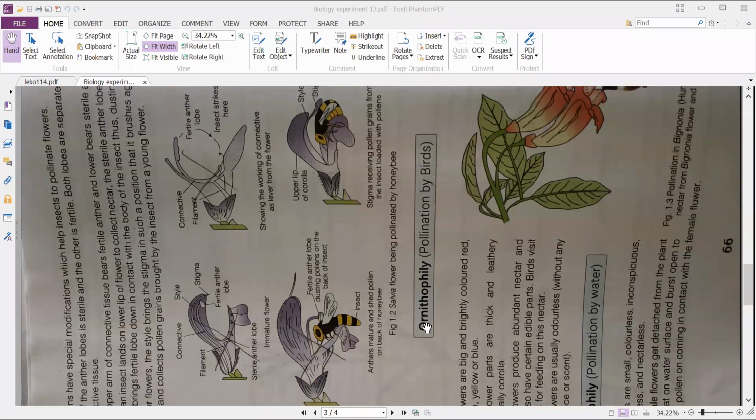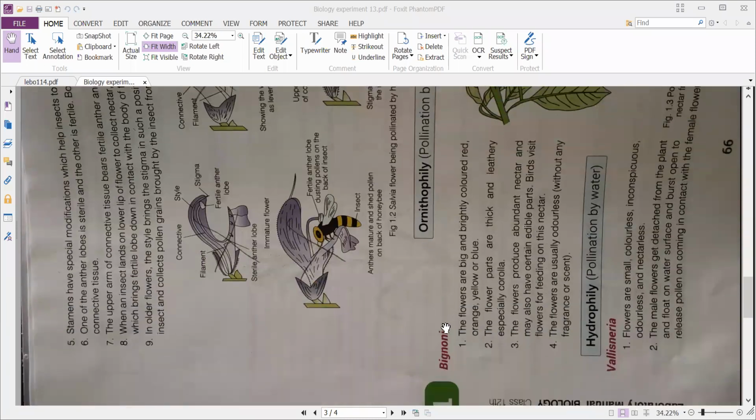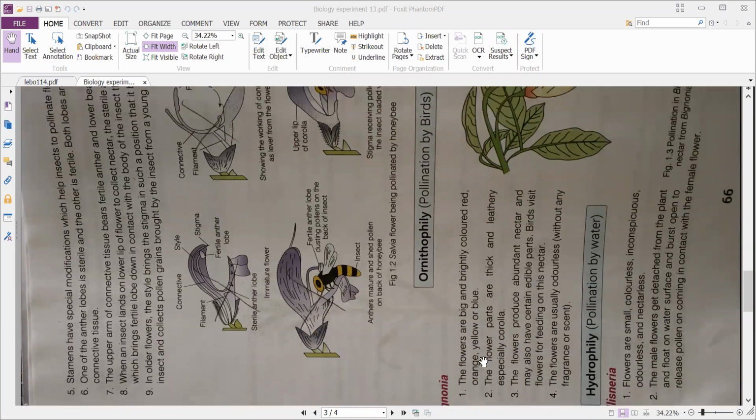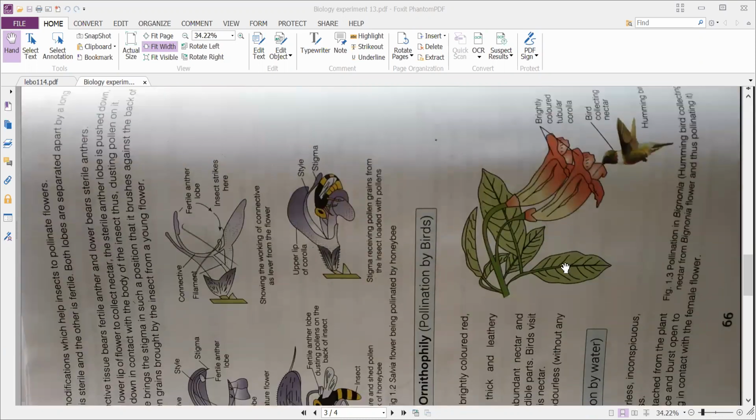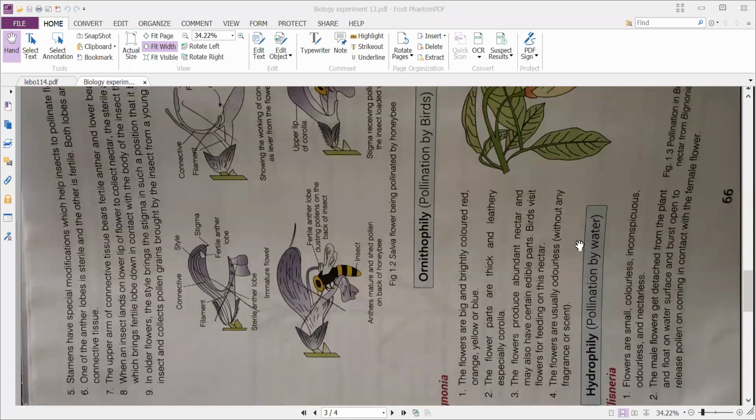And next, ornithophily, that is pollination by birds. Bignonia. These points you have to write on the right side, and this diagram you have to draw on the left side. Here only one diagram: Bignonia and a hummingbird we can see here, which is collecting the nectar from the flowers of these plants.